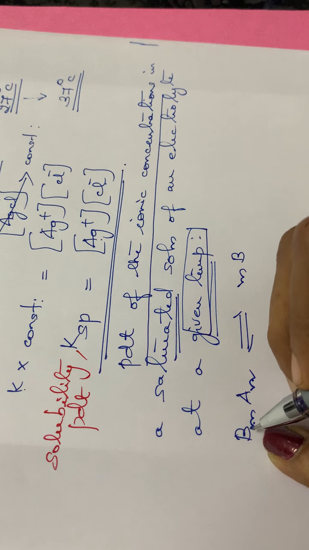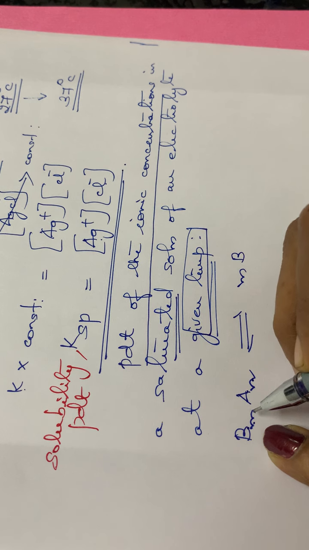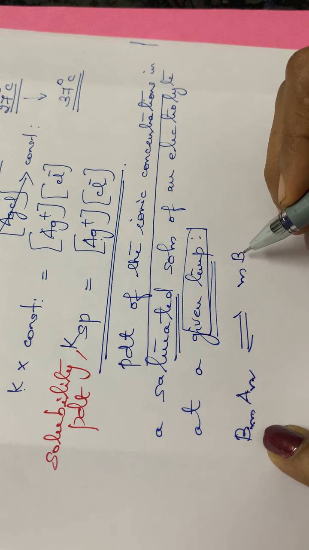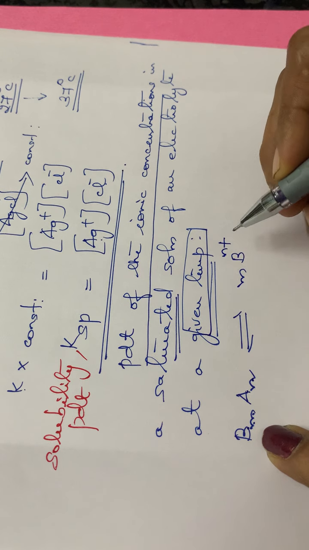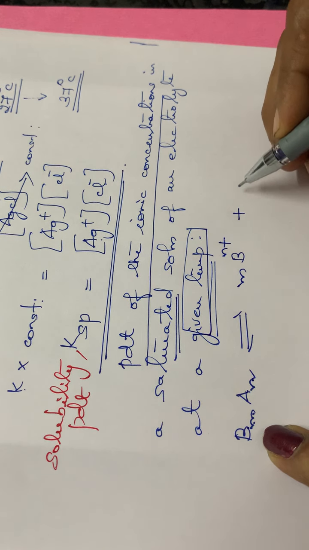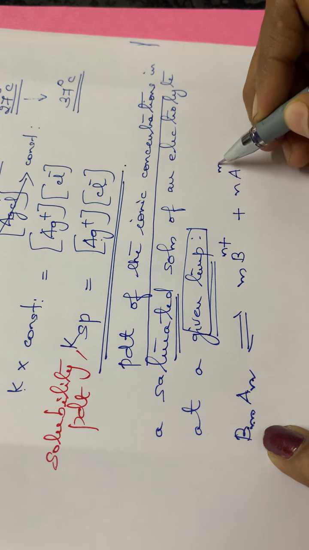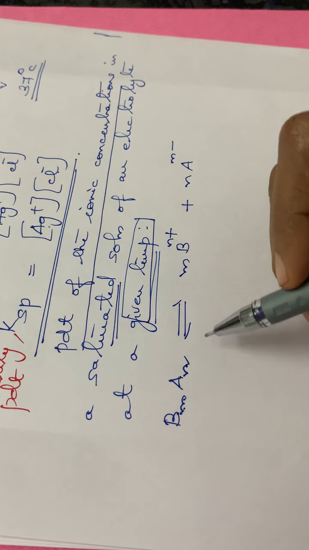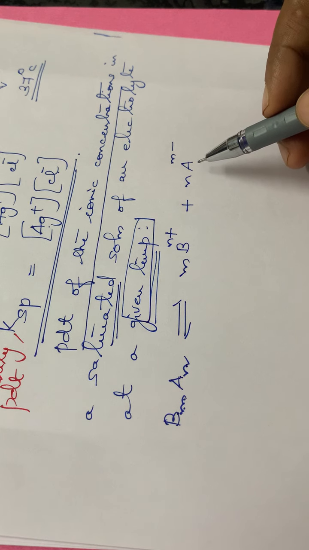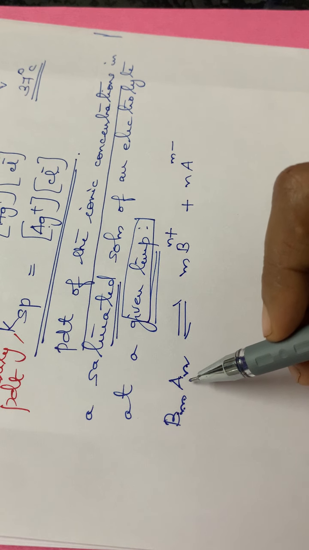The charge of B will be n plus, and the charge of A will be m minus. So m number of B n plus, plus n number of A m minus. This is the way you can write the equation for a sparingly soluble salt BmAn.